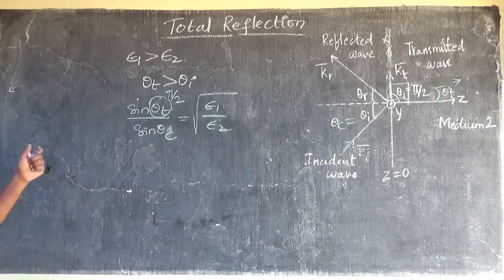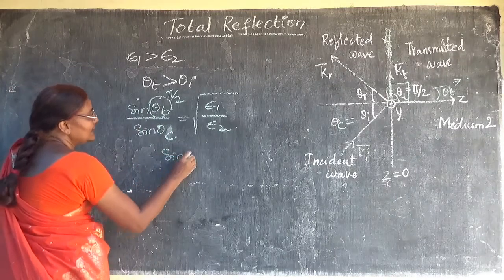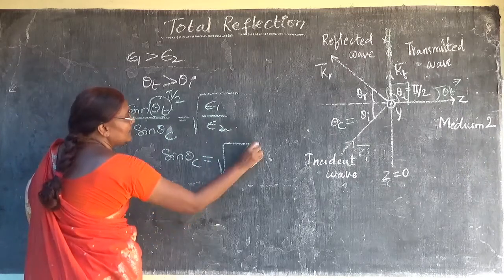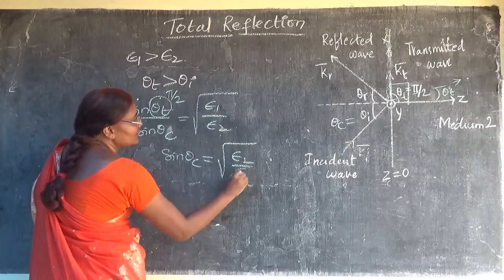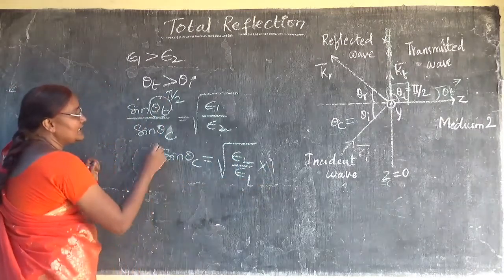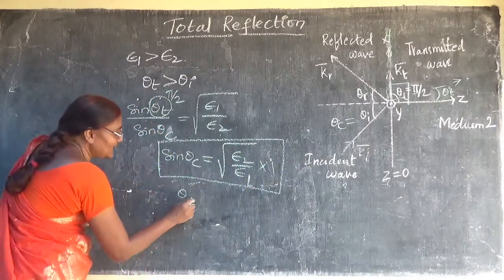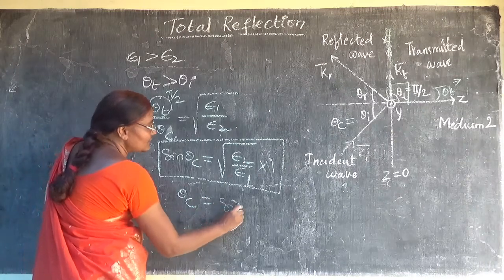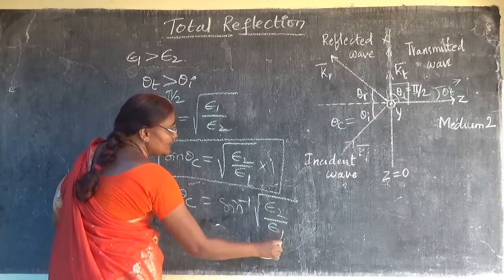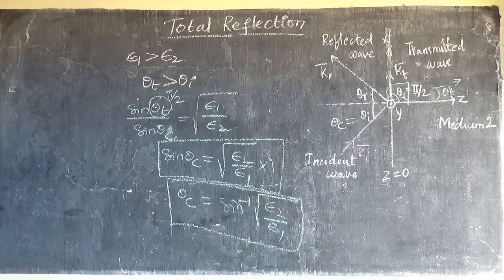So when theta I is the critical angle, sin theta c will be root of epsilon 2 by epsilon 1 into sin pi by 2, which is 1. So the critical angle is equal to sine inverse of square root of epsilon 2 by epsilon 1. So this is about total reflection.